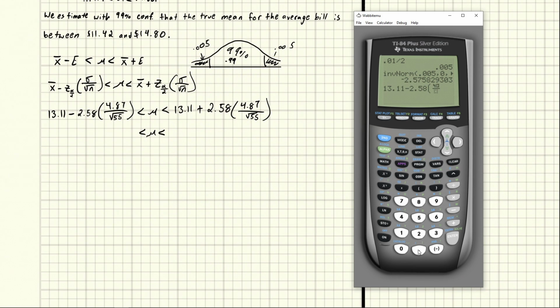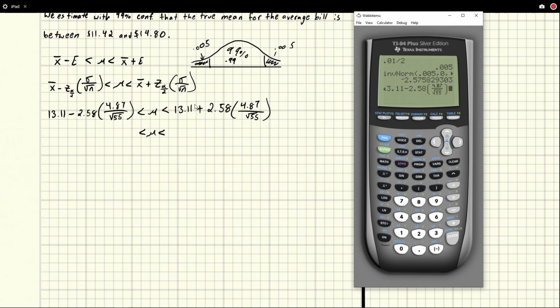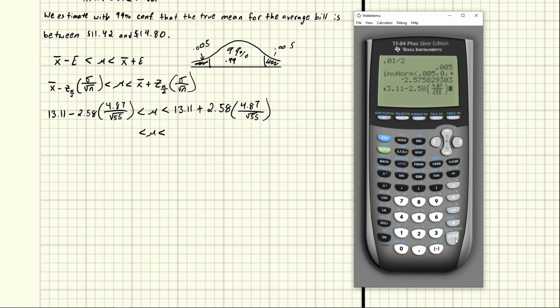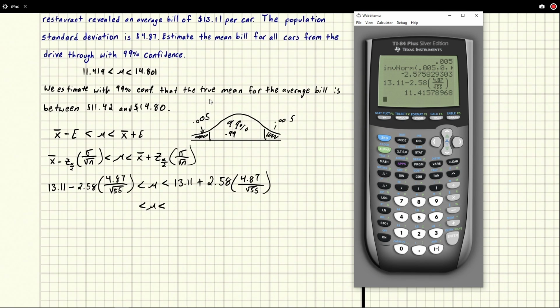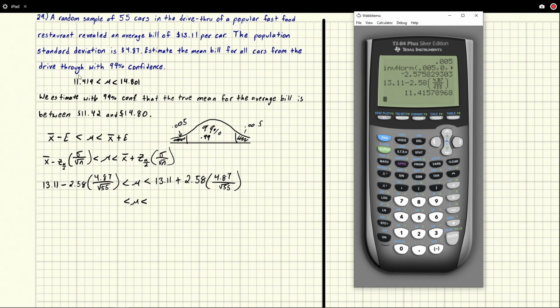And then we choose 4.87 divided by the square root of 55. So we hit the blue key and then the square root key, 55. And we close it. So we hit enter and look at that. We get 11.41. And what did we get for our previous answer? Let's scroll up here. 11.41. So we got the exact same thing, and then we would write the same conclusion down here as an interpretation.